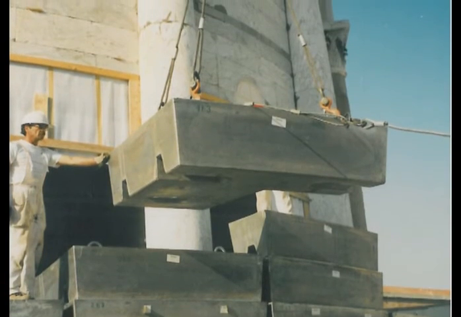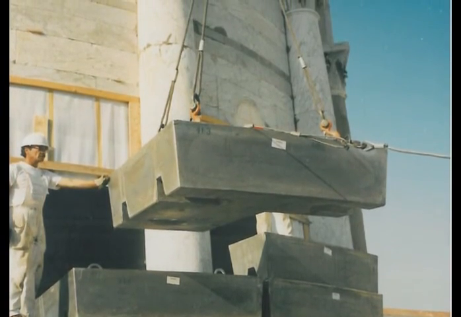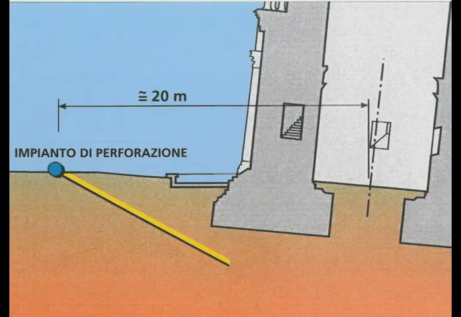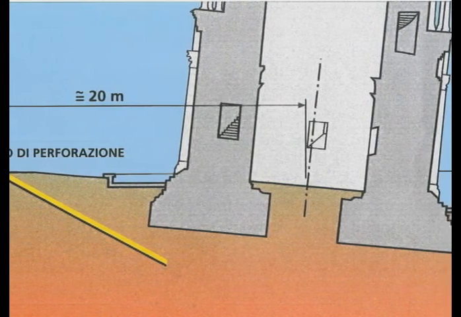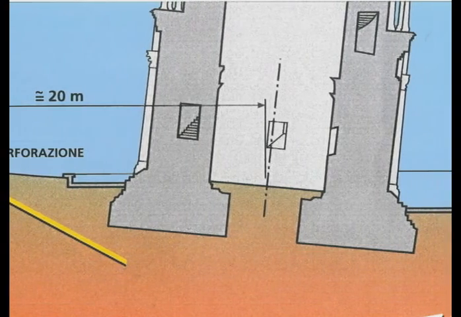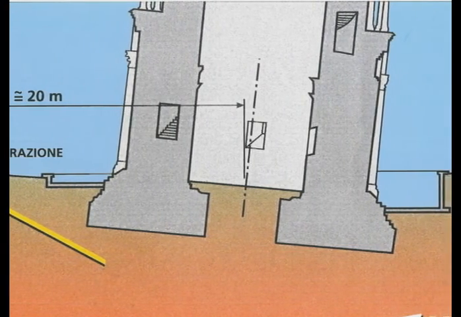And then we worked out a permanent solution which involved actually taking a little bit of soil out beneath the high side of the tower and very gently bringing the tower back by a small amount, not enough for anyone to see, but enough to reduce the forces acting on the foundations and on the tower masonry.